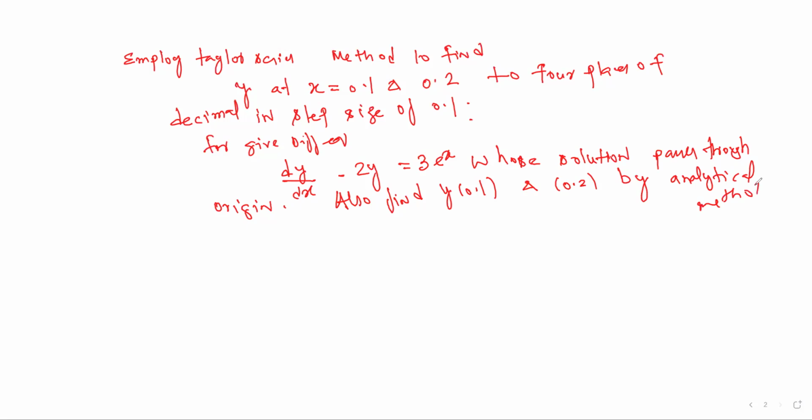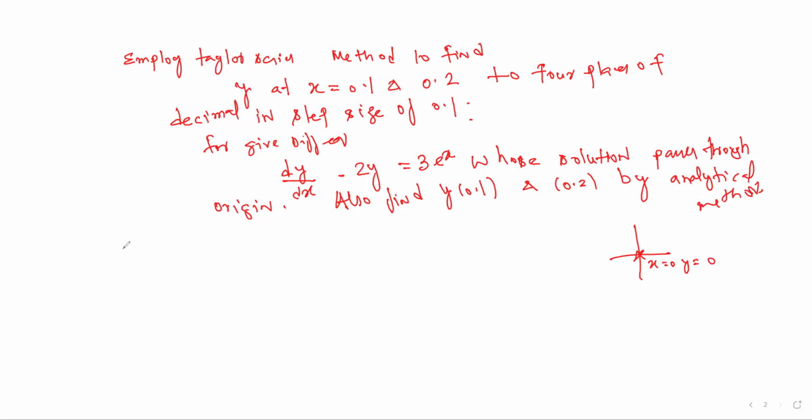Let's go for it. As soon as you see the question, as I have shown you, look at it. It passes through the origin. The origin is the point where x would be equal to 0 and y would be equal to 0, correct?